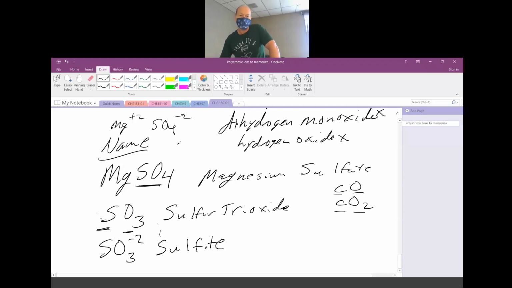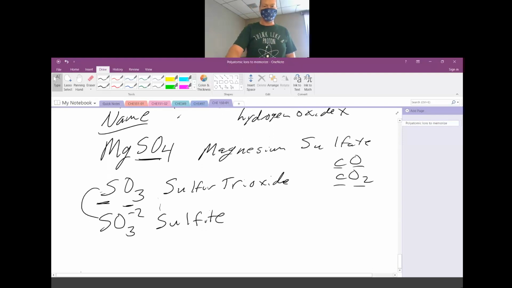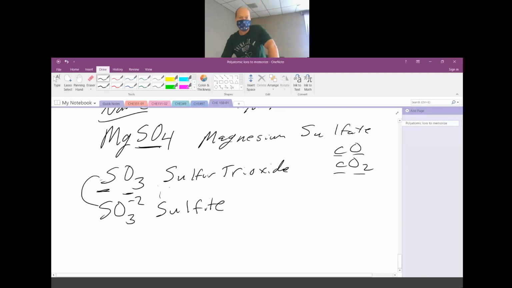There's a huge difference between sulfur trioxide and sulfite. Huge difference. So you have to be very careful: is there a charge given? Is this one of my polyatomic ions? Or is it neutral, a compound, and I name it like I do my two nonmetals? Examples there.